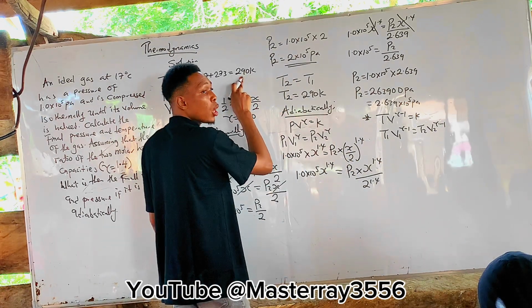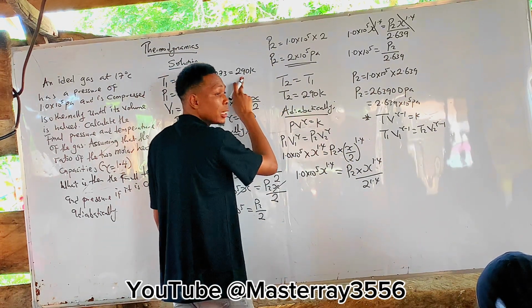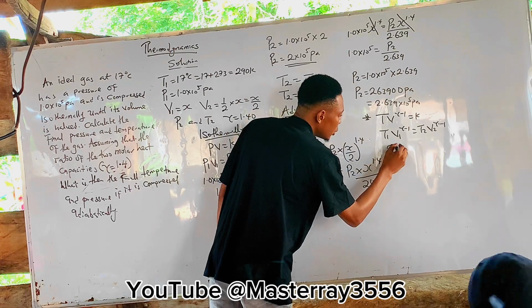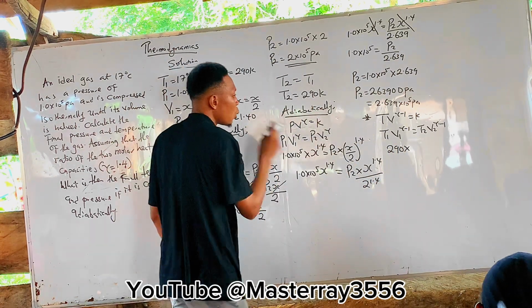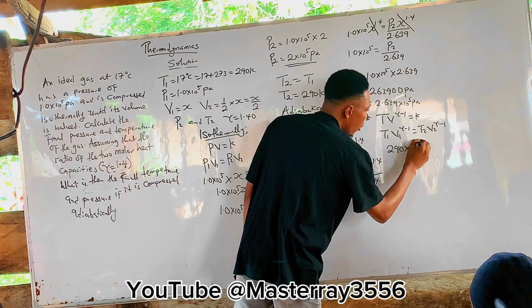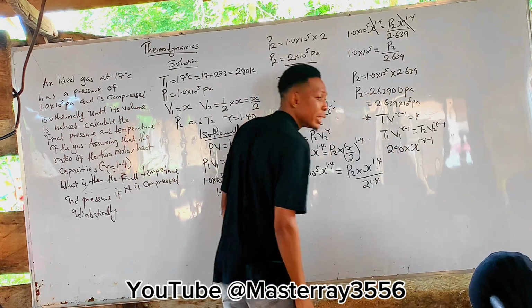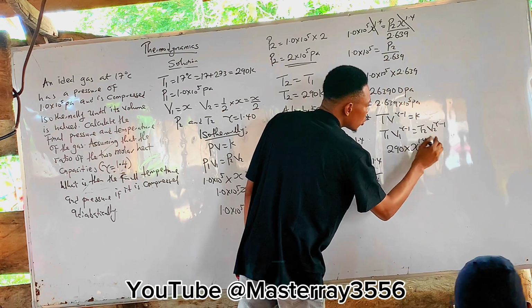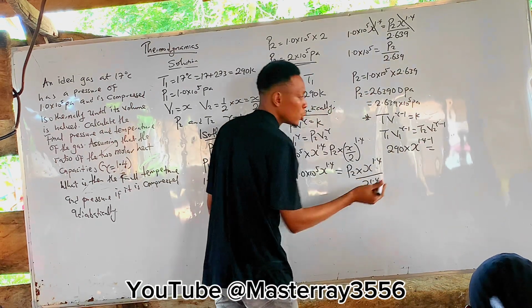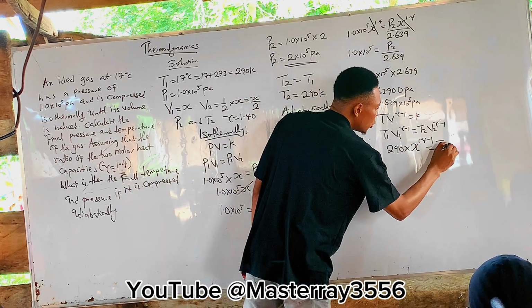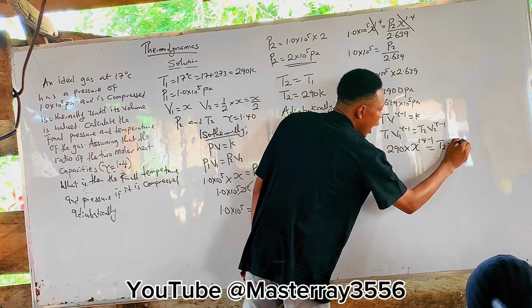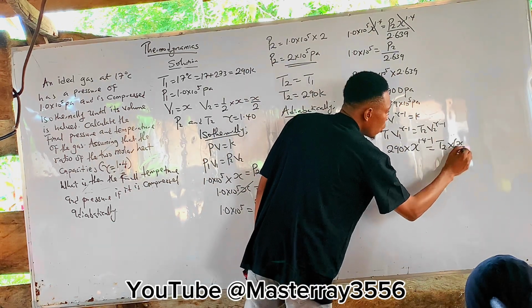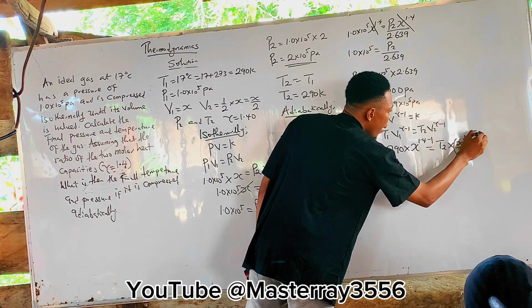That's 290. Times what's V1? Our V1 is X. The X raised to 1.4 minus 1, is it not? Then equals, what's T2? Unknown. So we are looking for T2. Then what's V2? X over 2. So we have X over 2 raised to power 1.4 minus 1.